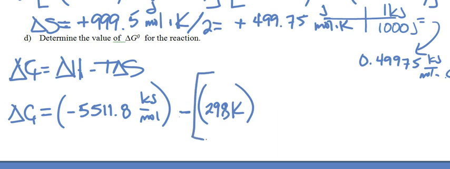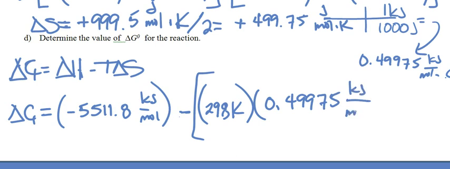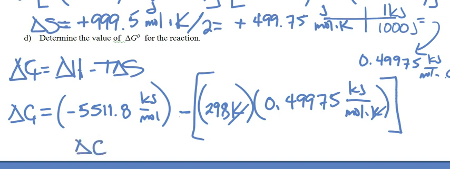And then our delta S, which we just changed to the correct units, 0.49975 kilojoule per mole Kelvin. Okay, and again, kelvins cancel out. Now we can subtract the like units. So delta G, type all that in. I get a negative 5,661 point, I'm not sure what, and that's kilojoules per mole.